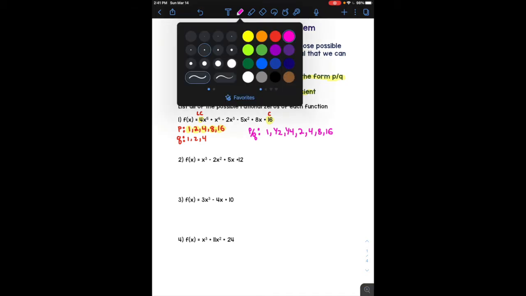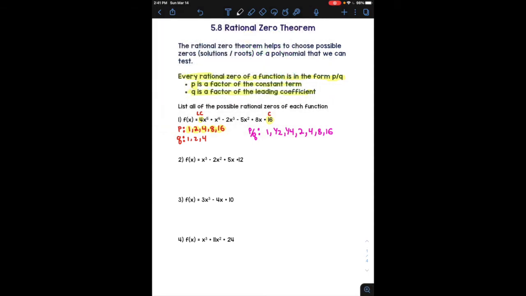The list that we just created are all the possible solutions that we could have for our polynomial. Not every value on the list will be solutions, but all of the solutions are in that list, in addition to all their negative values.